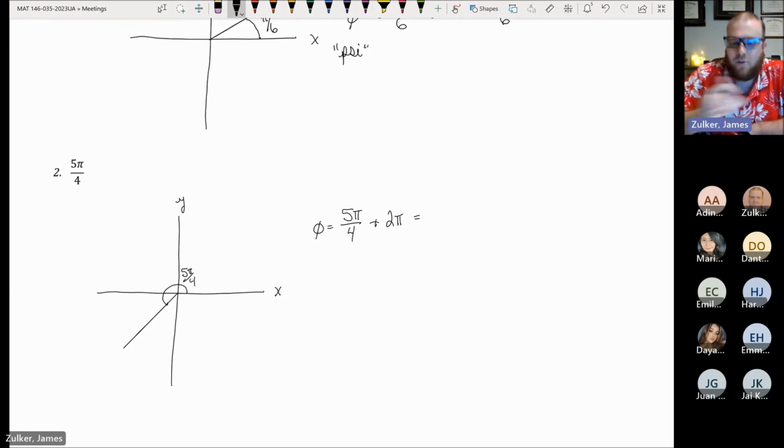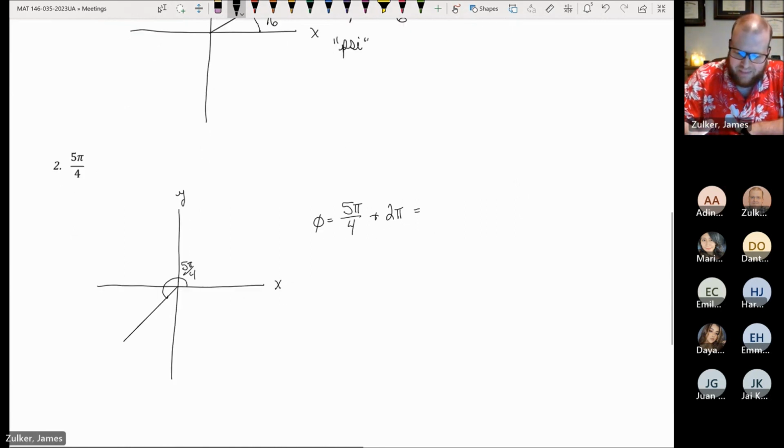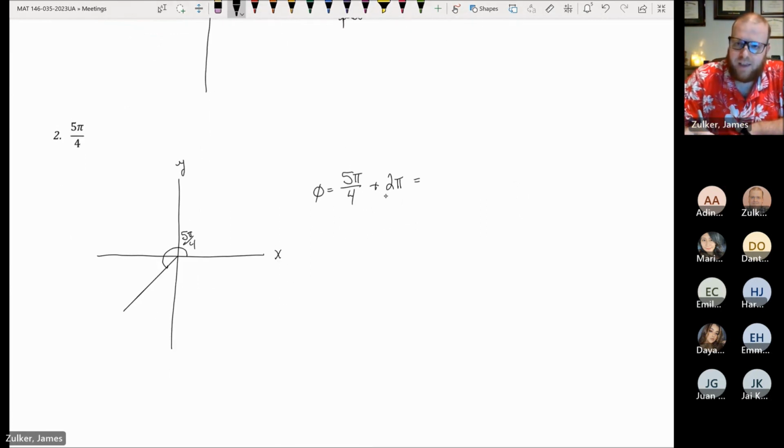What I'm doing here is just going 1 additional revolution. I'm starting at this point, and I'm going 1 full circle revolution back to that point. That's a coterminal.